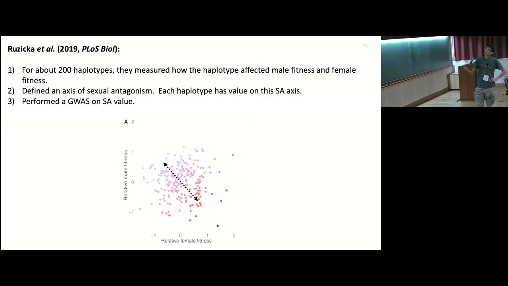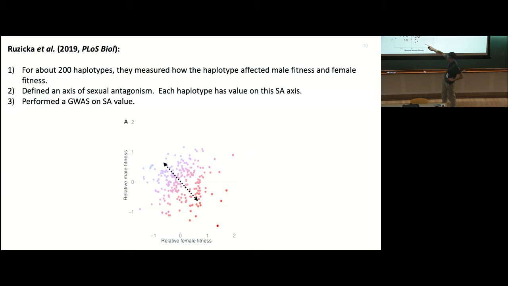Anyways, they do this. They measure how these 200 haplotypes affect male fitness and female fitness, so these are all the points plotted here. And then they do a change of axes. Instead of using the original axes, you use the axes along the diagonal, and this axis represents an axis of antagonism, right? If you're over here, that means you're a haplotype that creates high female fitness but very low male fitness.